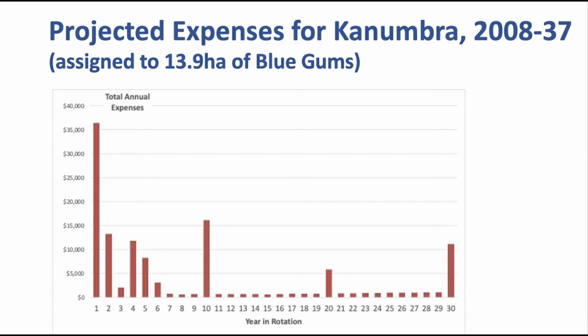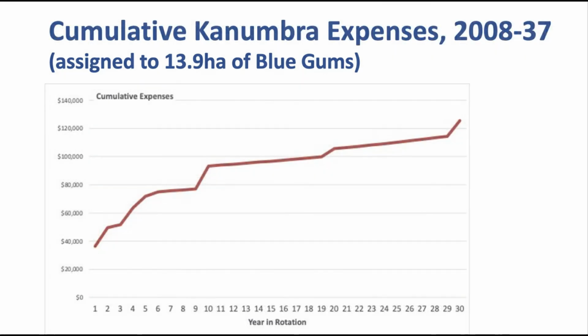If you express that as a cumulative cost, you can see that the costs rise but then tend to flatten out over time. And this is for the 30 years of the entire plantation now, from 2008 to 2037. Most of your costs are going to be up front.